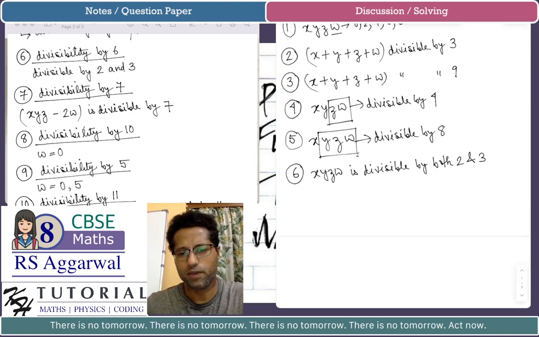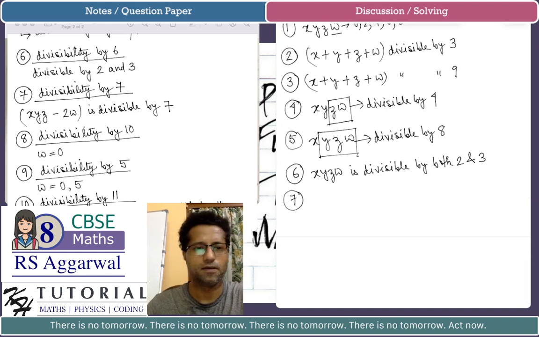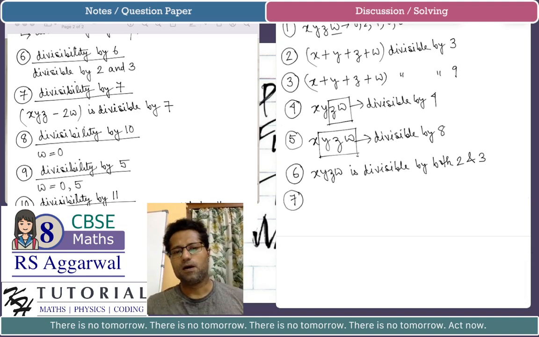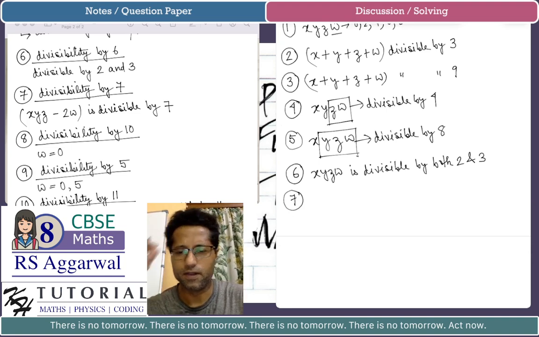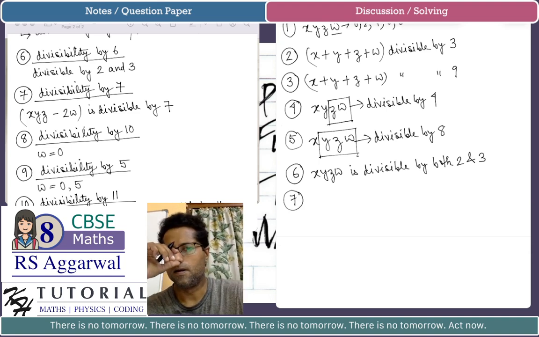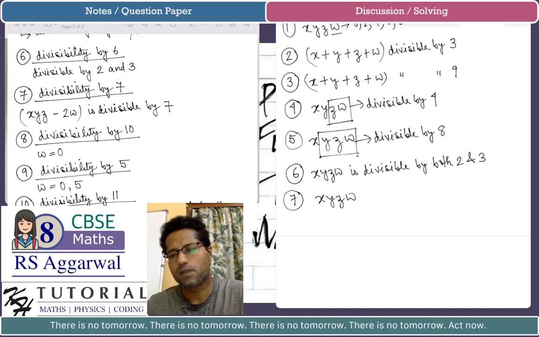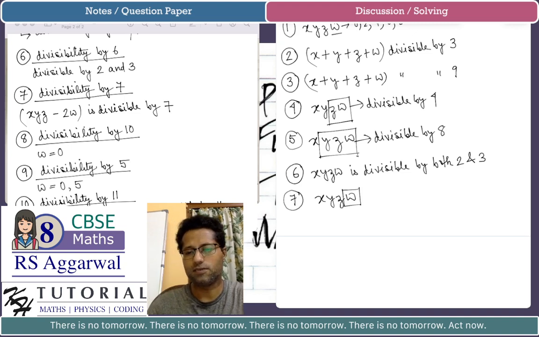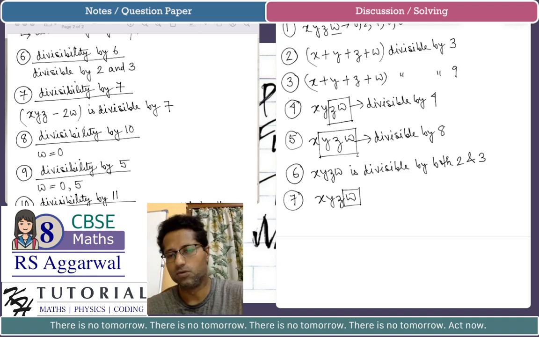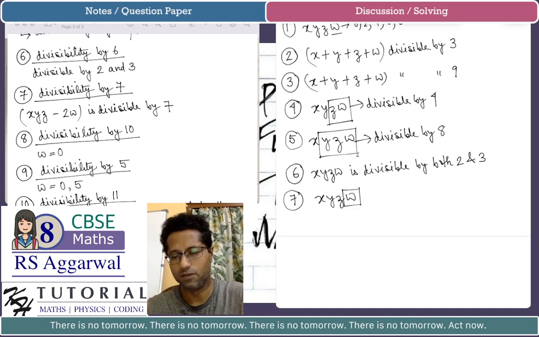Now the quick notes might be a little confusing, but the idea is how do you check whether a given number is divisible by 7 or not? Since we are considering a four-digit number, you take the digit at the units place or ones place, which is W. You take twice the digit at the units place, which will be in our case 2W.